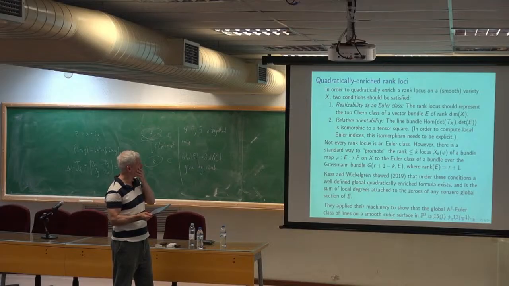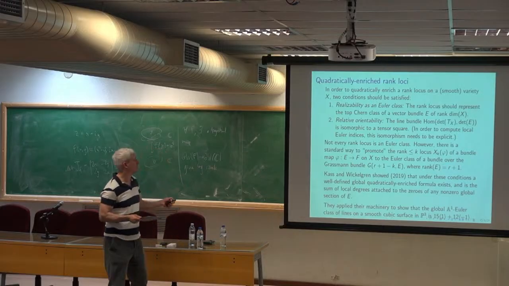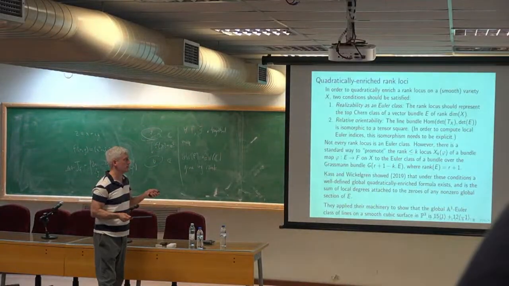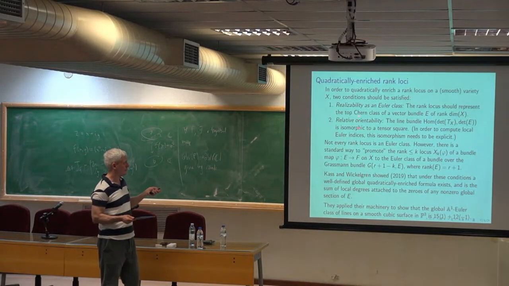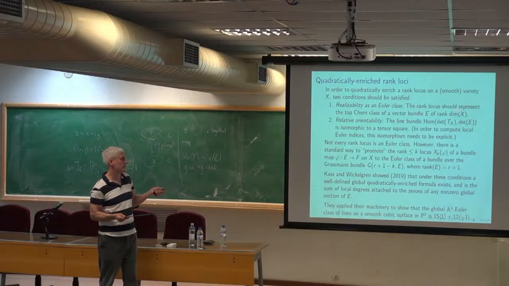So if we have a rank locus attached to a map of vector bundles on a smooth variety X, there are two basic conditions that generally should be satisfied in order for this technology to work well. This isn't completely ironclad. The first is that the rank locus should be realizable as an Euler class, which means that it can be interpreted as a top Chern class of a vector bundle on X of rank equal to the dimension of X.